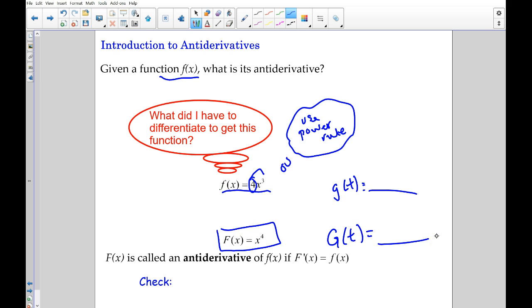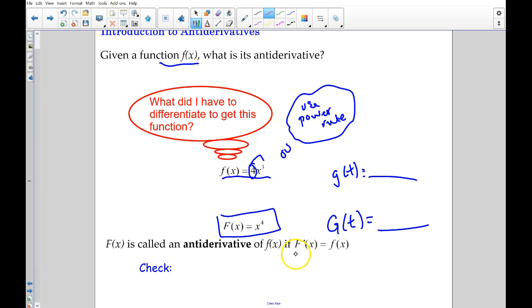If we're ever doubting that our function was correct, we can check it. The check is just to differentiate what we found.